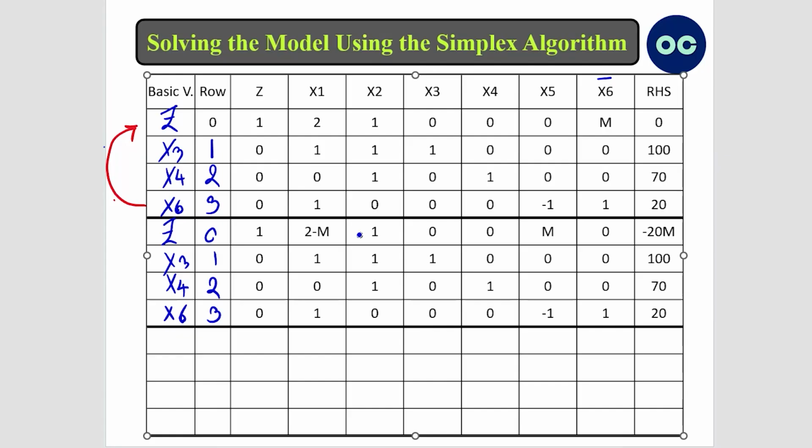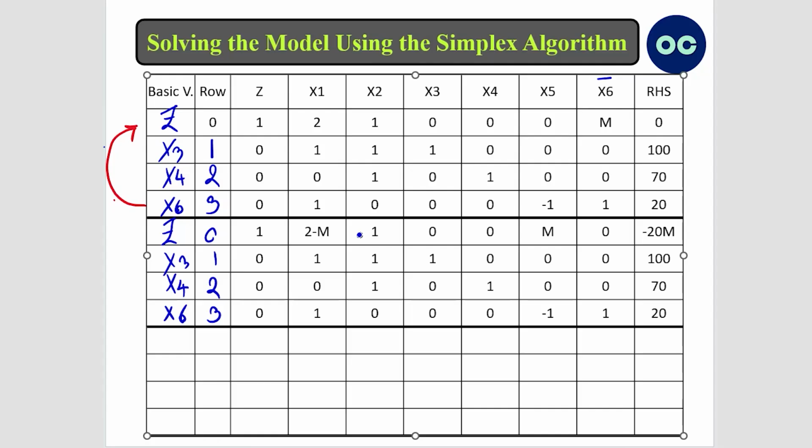We can start with the Simplex method. If all coefficients of the non-basic variables are non-negative, we have reached optimality and stop. Here the coefficients of x1, x2, and x5 as non-basic variables are 2 minus M, 1, and M respectively.